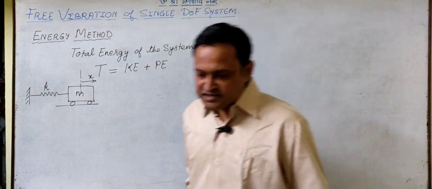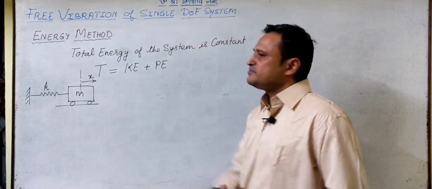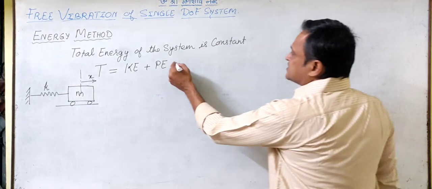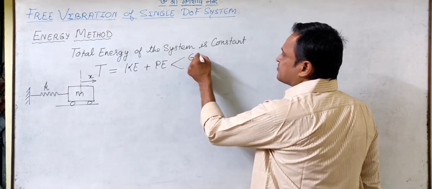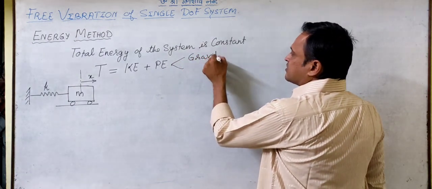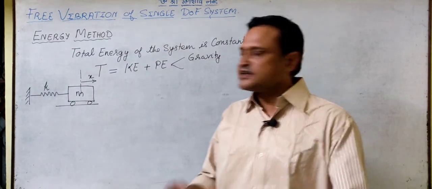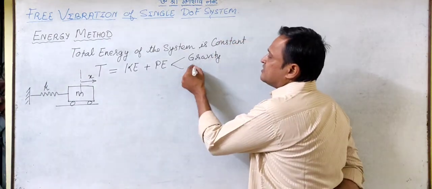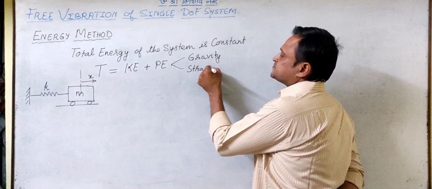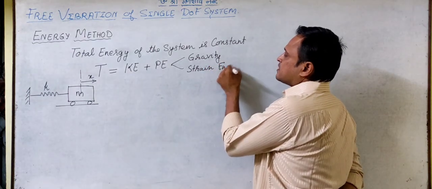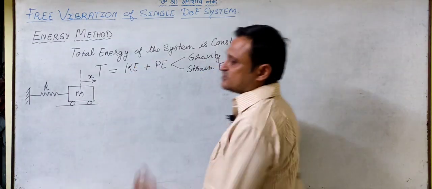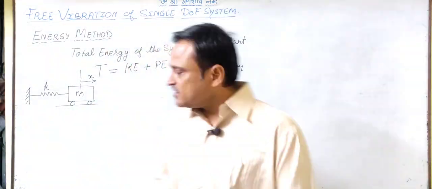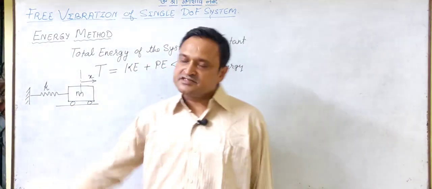And what can be the potential energy? The potential energy can be in the form of gravitational energy, or the strain energy, right? The strain energy of the system. So if it is a spring, it is the strain energy which is there in the system.